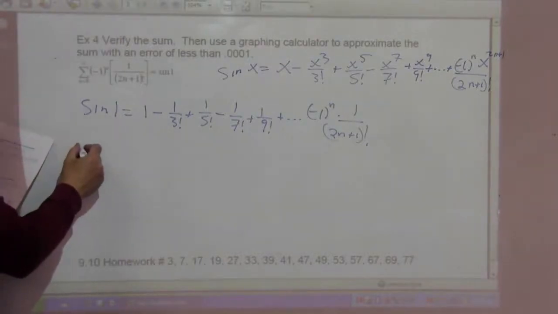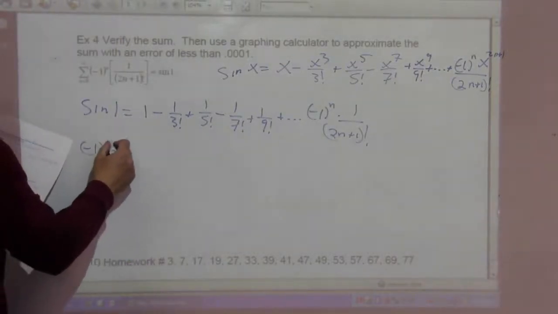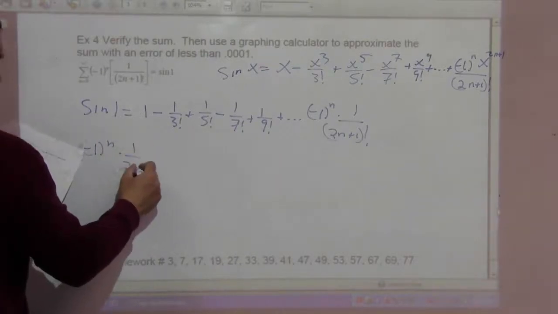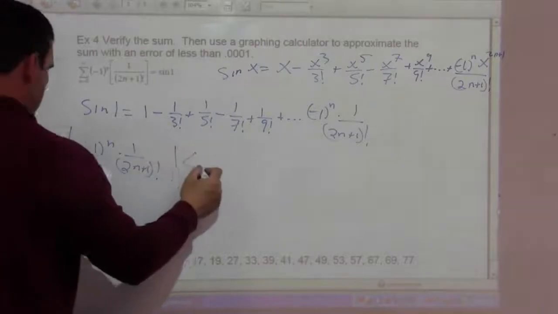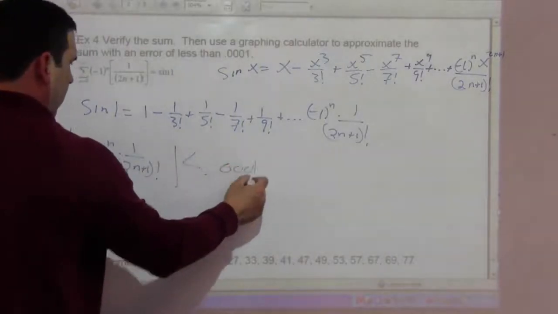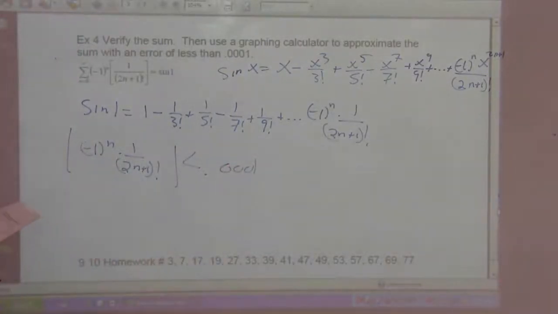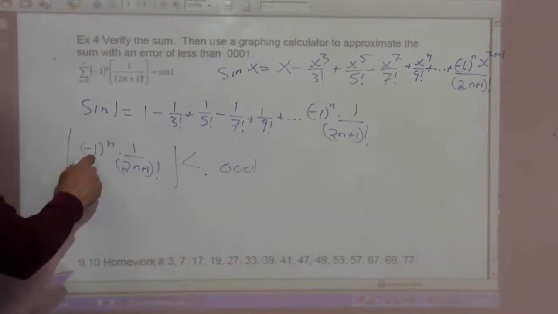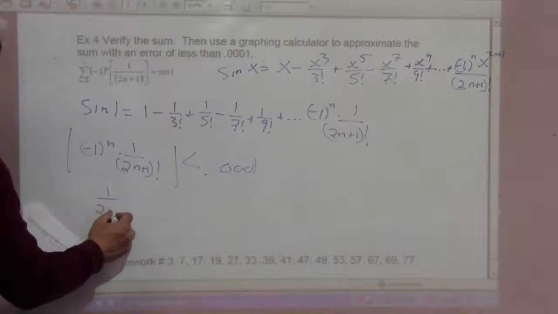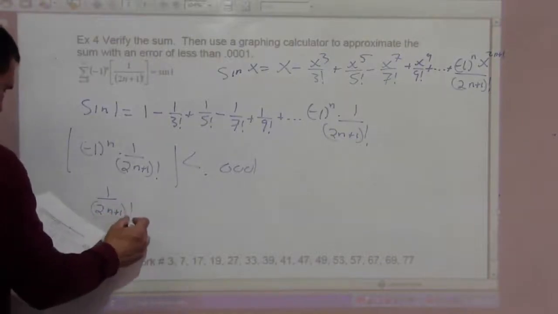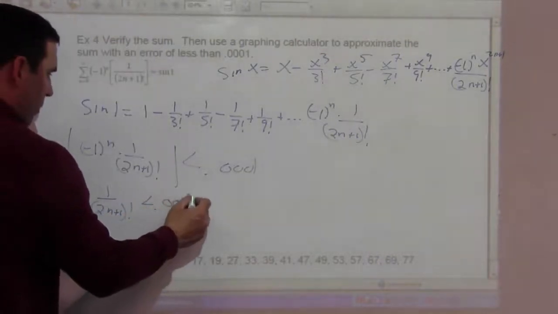So we want negative 1 to the n times 1 over 2n plus 1 factorial to be less than 0.0001. We could drop the negative off because of absolute value.